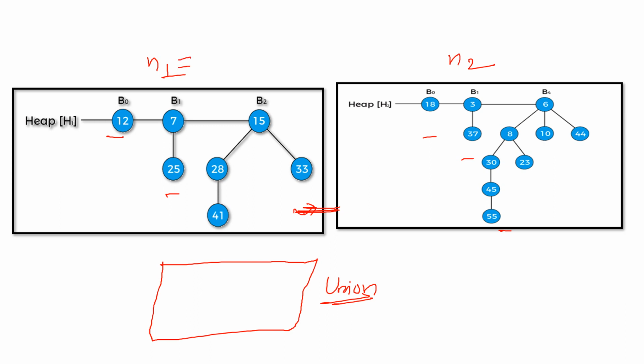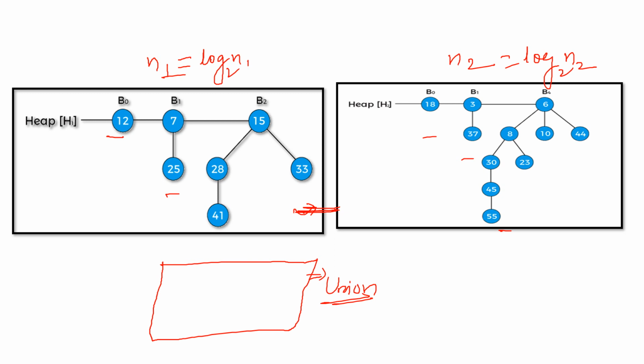So how many binomial trees are possible? Log base 2 N1, and for here log base 2 N2 binomial trees are possible. I have already explained that in the previous video, so please watch it for a better understanding of the time complexity. If you are going to perform union, we are going to add each and every tree into the new binomial heap.